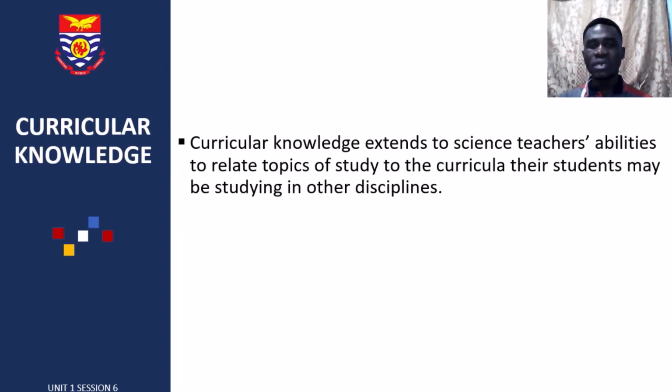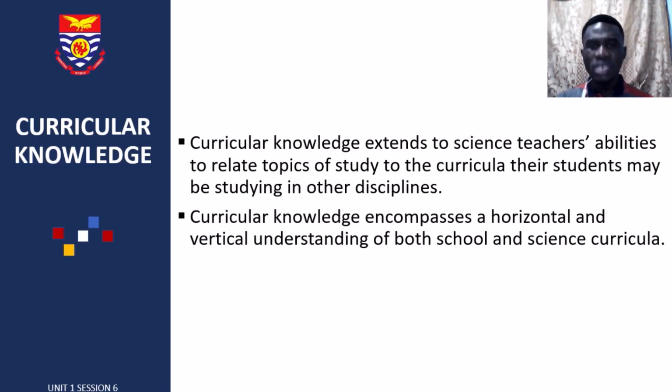And the curriculum knowledge also extends to science teachers' abilities to relate topics of study to the curricula their students may be studying in other disciplines. So, we know that in physics, for instance, you are teaching gas laws. Gas laws are also present in chemistry, and as a teacher, you should have knowledge of the content in chemistry when it comes to gas laws and that of the content in physics concerning the same topic.